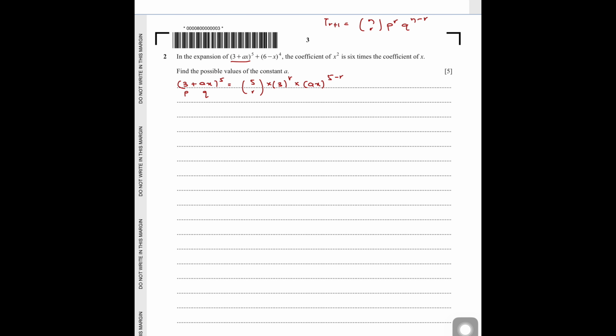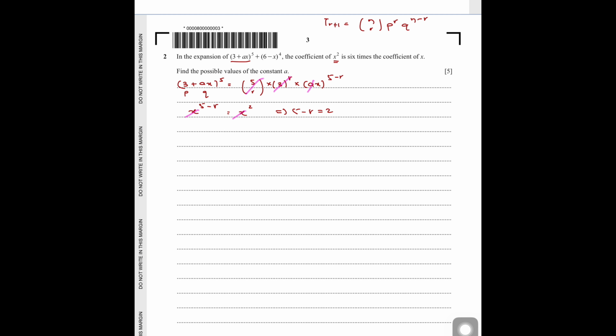I remove the terms that do not give me x, so what I have is x^(5-r). First I'll compare it with x to the power 2 because I need power 2. So 5 - r = 2, because when the bases are same, the powers are equal.